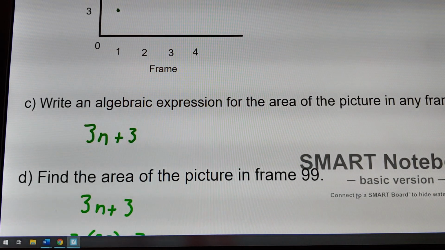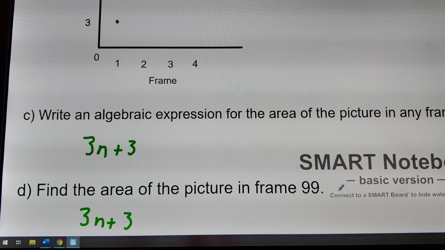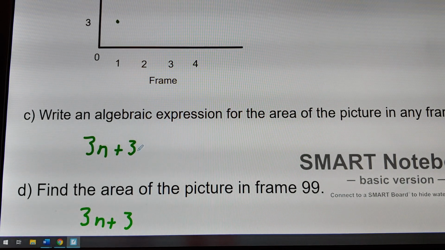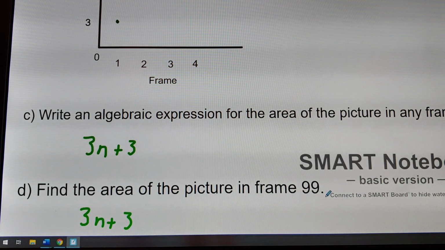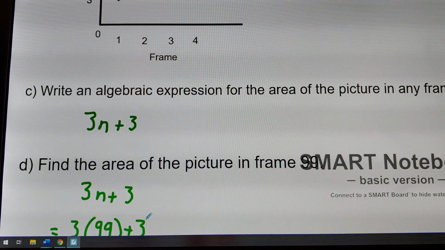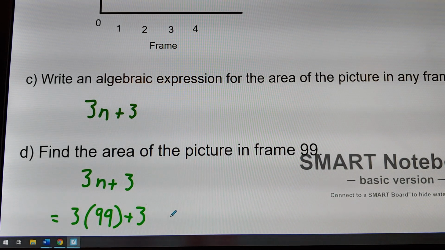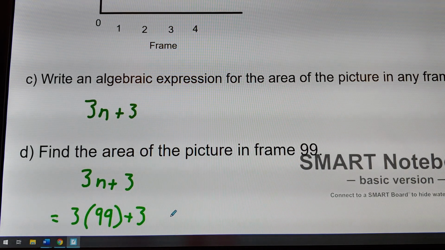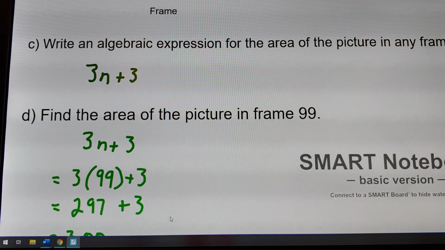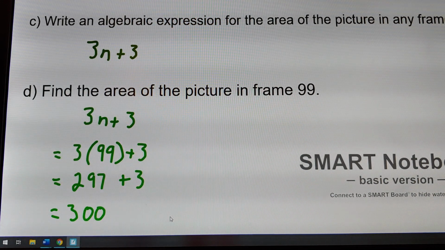And finally, it says find the area of the picture frame in 99. So now that we have the nth term, we can use that to find the value for any term. They want the 99th term, no problem. We're going to write down 3n plus 3, replace n with 99, and then you just follow the math. 3 times 99, 297, plus another 3, 300.